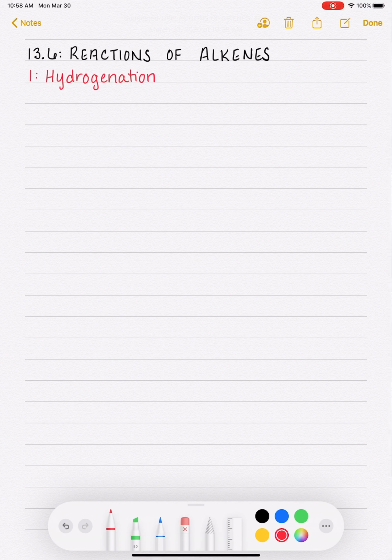And the way that we're going to organize this is I'm going to show you a generic version of the reaction. Let's say that we have a molecule that has a carbon-carbon double bond, so it's an alkene. And there's going to be stuff attached to these carbons, but it doesn't make any difference what those things might be.